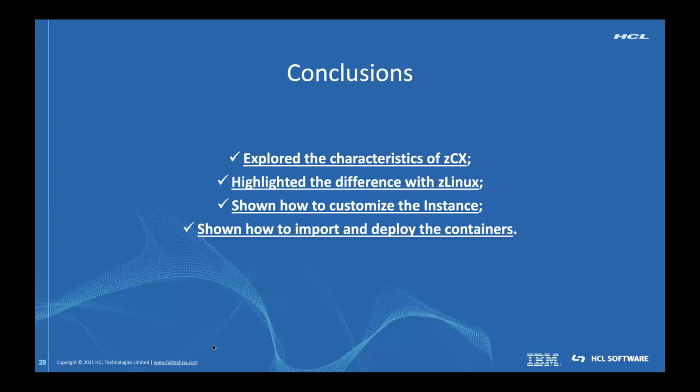You have seen how you need to customize the instance through the input property file and using the zOS management facility workflow component. And then the easy part is how to import and deploy the containers on this zCX instance, in particular the workload automation containers.